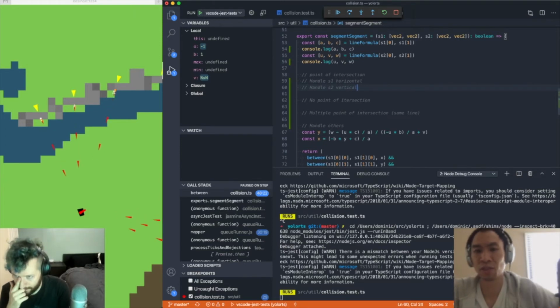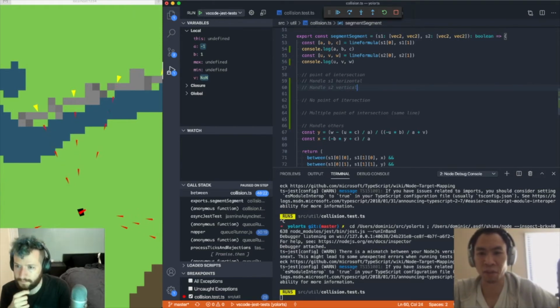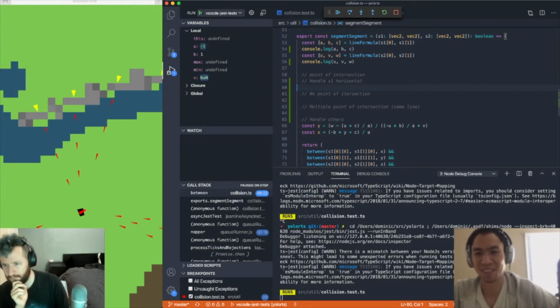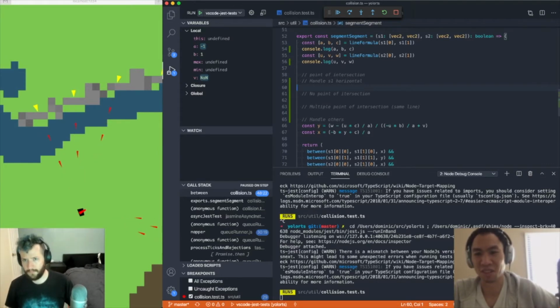If u and v are 0 at the same time, there's no line formula, because it's ux plus vy equals w, right? So there's never going to be a situation where both u and v are 0, right?